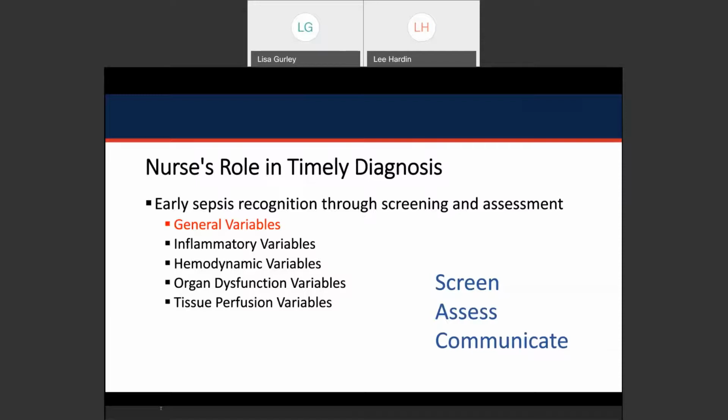This results in widening pulse pressure. So initially the patient may have a full bounding pulse, and the patient can appear to have a relatively normal blood pressure, even though they're experiencing severe sepsis. But the nurse needs to remember that septic shock can occur quickly as preload, afterload, and heart contractility decrease.